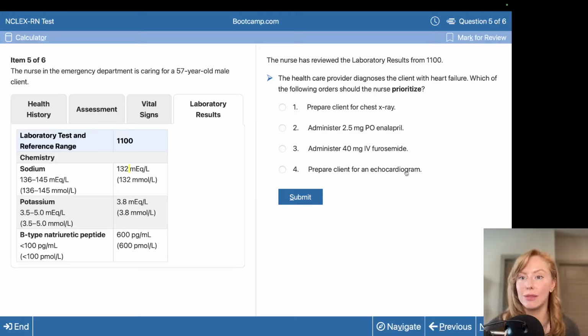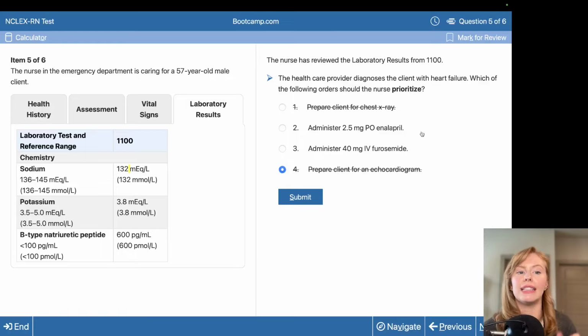Those are forms of assessment. But do we need a chest x-ray or an echocardiogram to know that this patient has trouble breathing and fluid overload? No, sometimes additional assessment is not necessary, and this is one of those cases. So you've got to know the content. You can't get caught up in just test-taking tips, right?